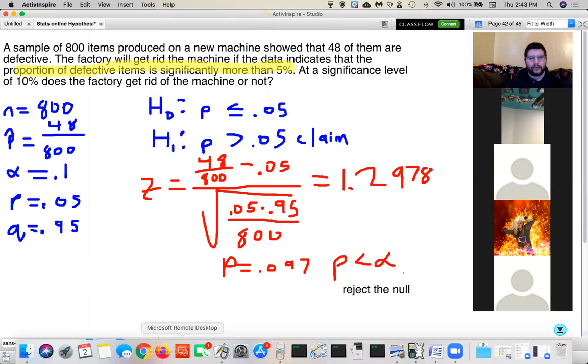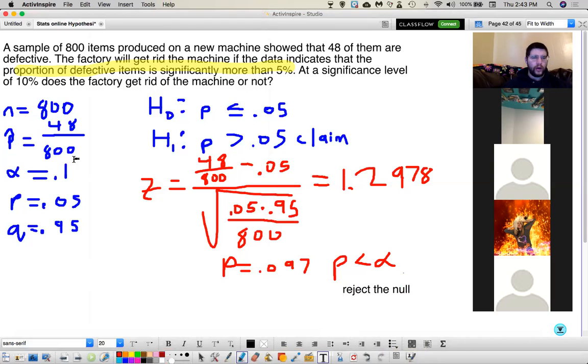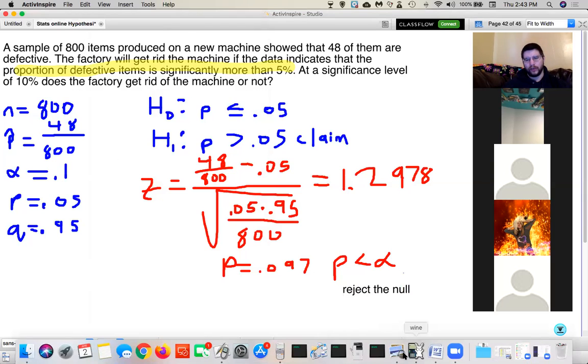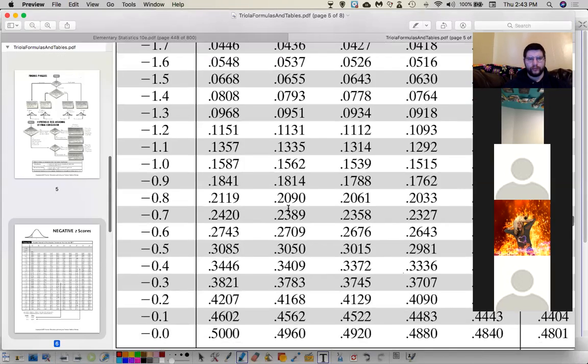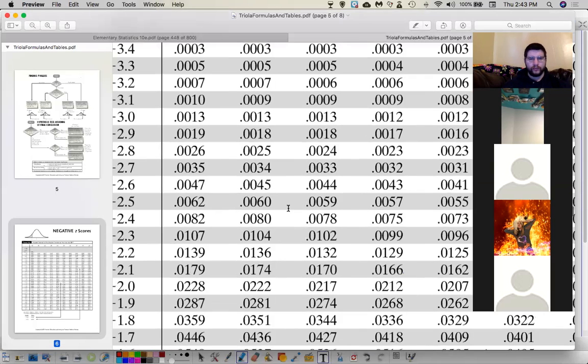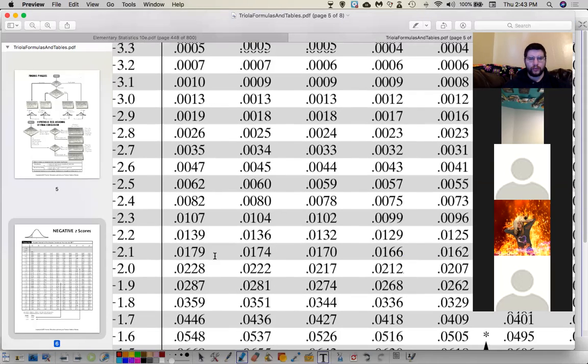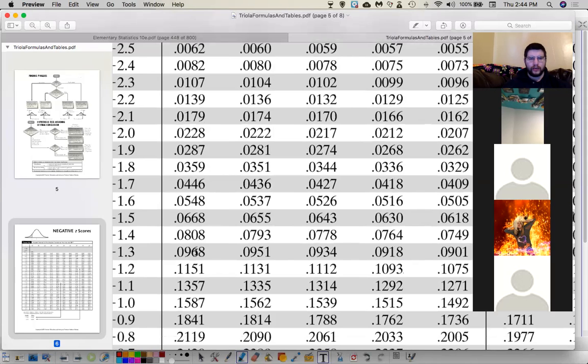And again, we can get the critical values. For funsies, I'll use the chart. 0.1 is my alpha value, right tail, so I'm not chopping it in half. So I'm looking at 0.1, somewhere in here. 0.107, oh, no, that's 0.01. Okay, this is close.